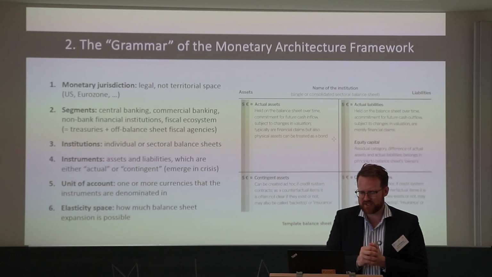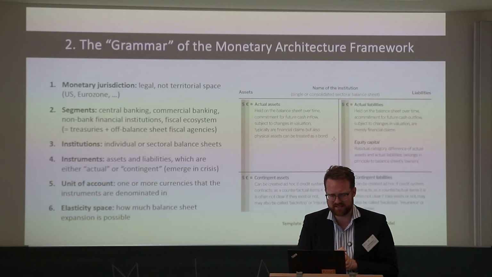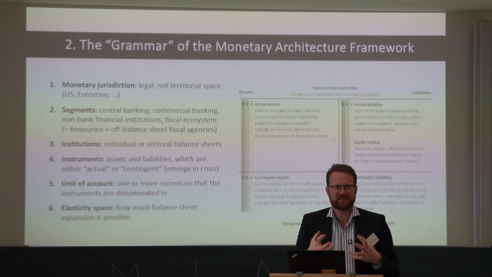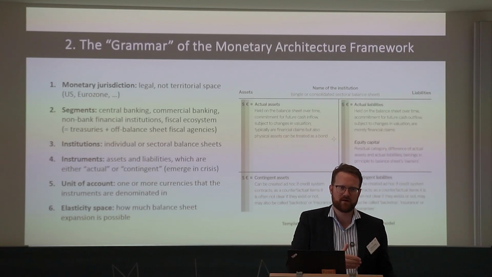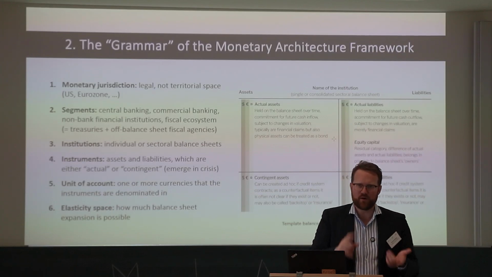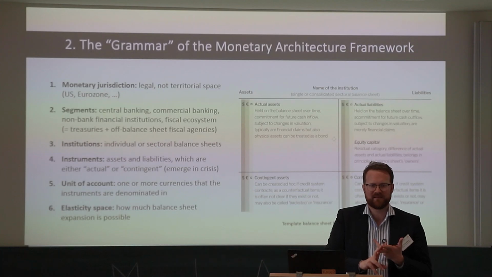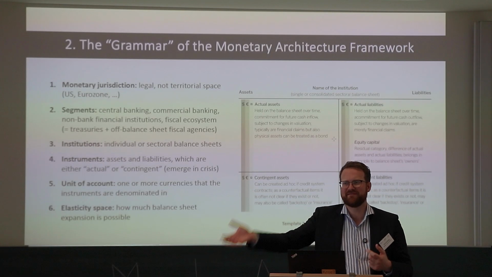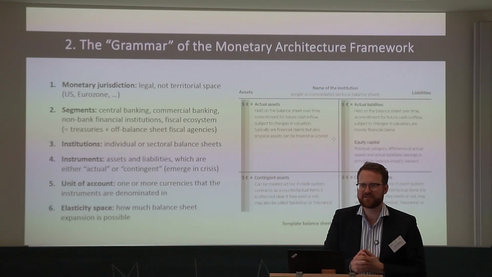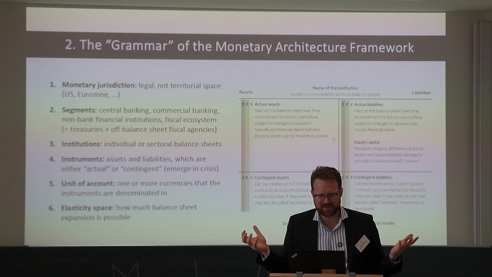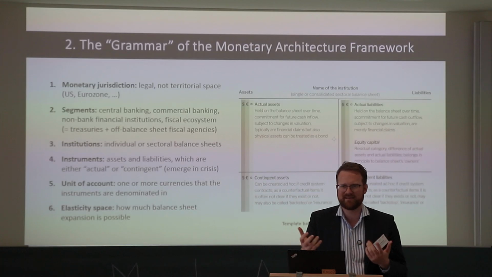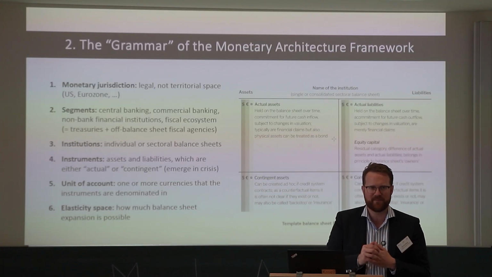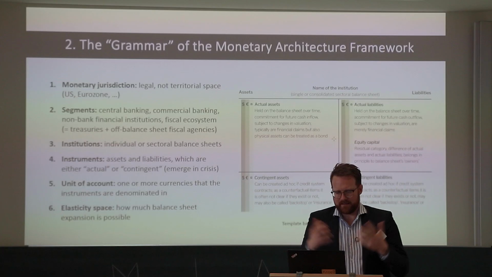The next point, which I sometimes have made explicit, sometimes not so much, is the unit of account. This is really interesting if you look at cross-border interlinkages. So a basic classical story, what is the role of the dollar in Europe? Then you really have to think, does this instrument in Europe exist only in euro or also in dollar? And then usually when you look at official reporting, it's always converted into a single currency. So you don't even know in which currency it's actually held, which confuses things very much, and it's also digging and then often plausibility arguments just on the basis of figuring it out.